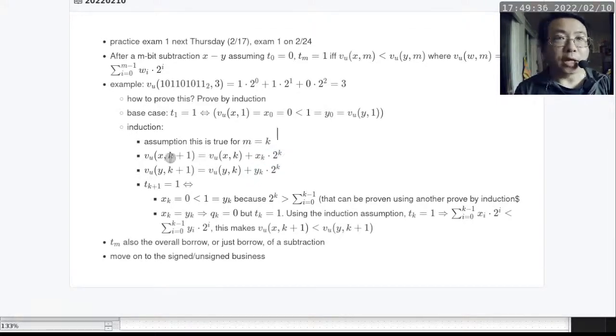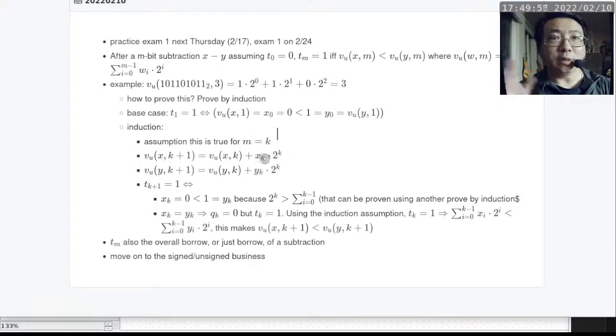So that's how I can break this up into two components and break up VU y k plus 1 into two components as well. So once I have that, tk plus 1 equals 1 if and only if, so there are only two cases where tk plus 1 can be a 1. The first one is easy, okay? The first one is the new digit, okay?